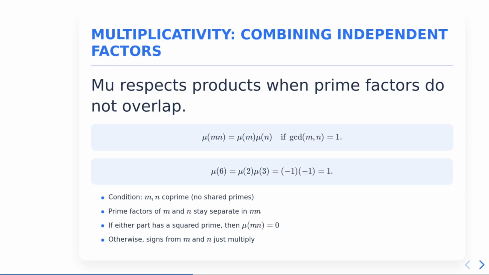Exactly. And notice why we insist that m and n are coprime. If they shared a prime, then in the product, that prime could appear with exponent at least 2, and the 0 or non-zero behavior would no longer be determined by the separate values mu of m and mu of n. So multiplicativity would fail without the coprime condition.